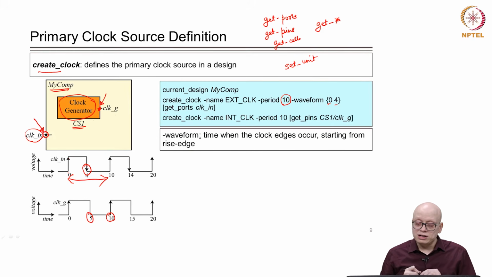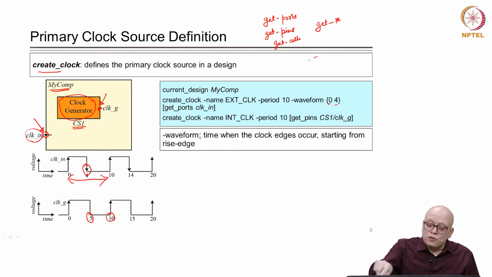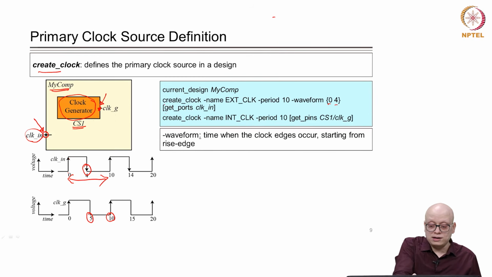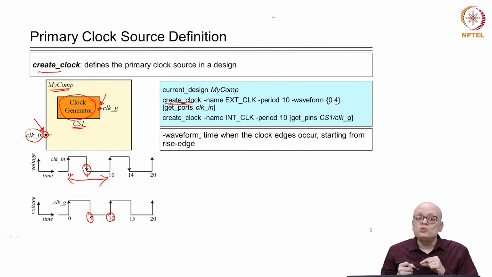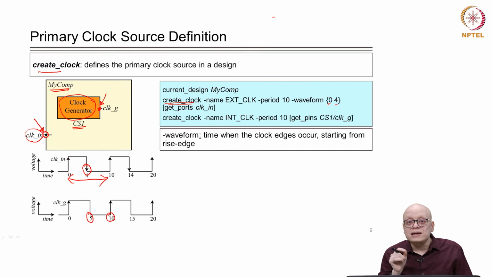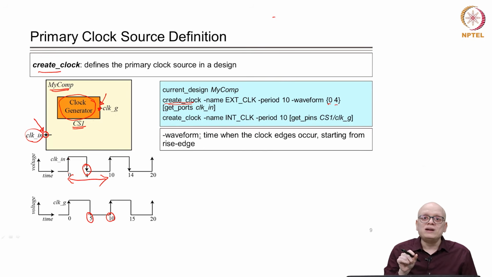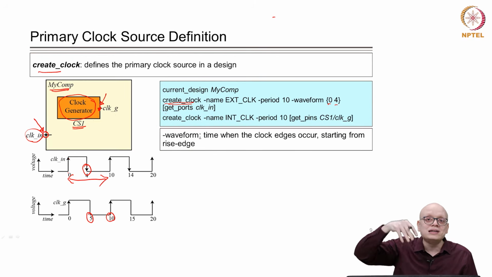So, this is the first point. The second point is that though the name of the command is create clock, you should not interpret it to mean that whenever we run this command, the implementation tool will actually create a clock generator for you. Sometimes students get confused that if I write a create clock command, then the implementation tool might actually create a PLL or a clock generator in our circuit.